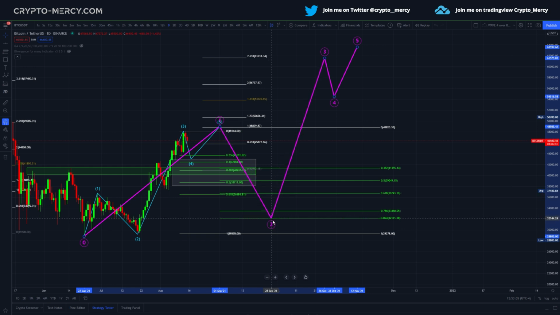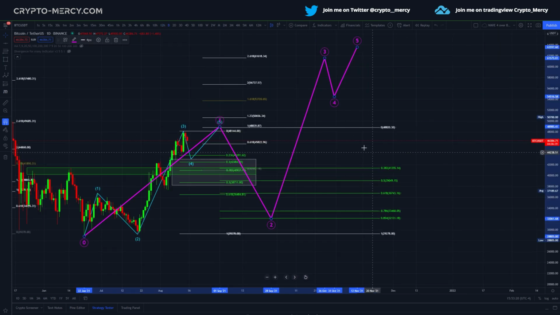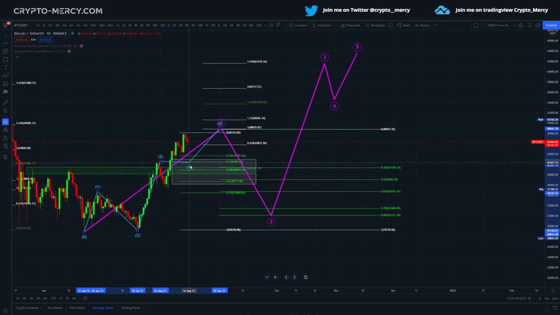And we still have the 0.786 at 32.1K. And if we check the Bitcoin CME futures chart, this will cover a gap right here, which, you know, I like this scenario. We'll see. Don't know if this wave 5 is going to go there, and it's probable too. I told you that this wave 1 is already over, but we will see what happens.